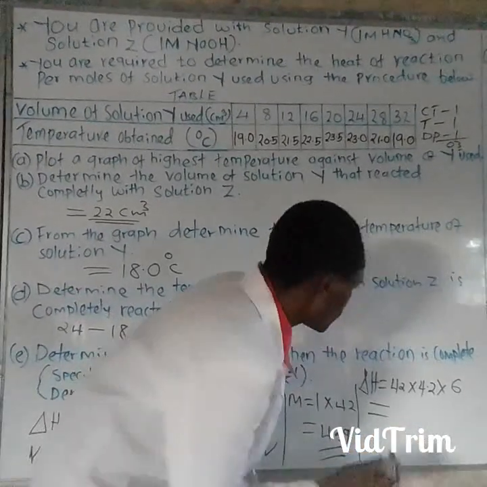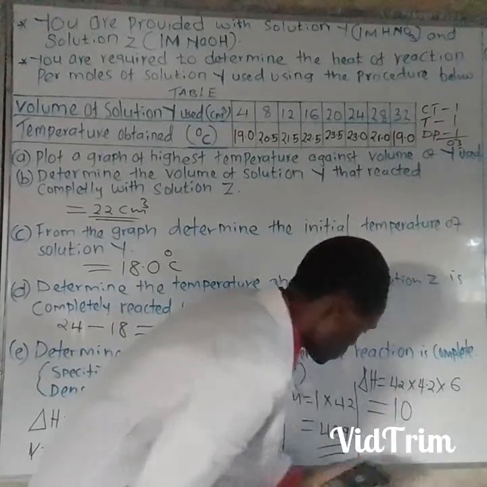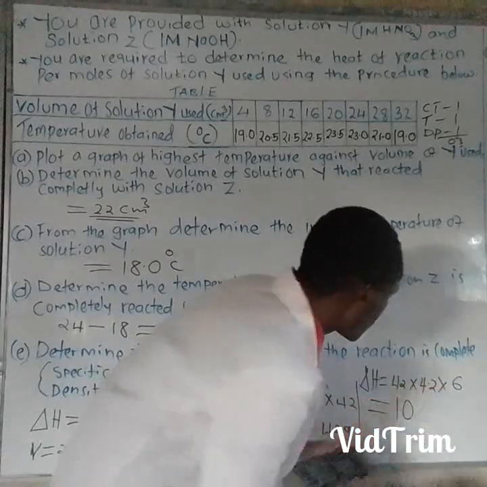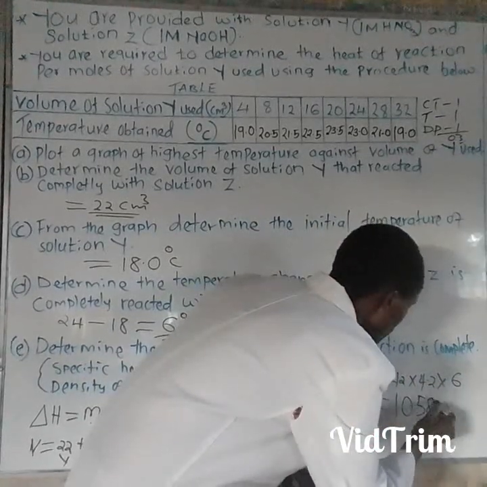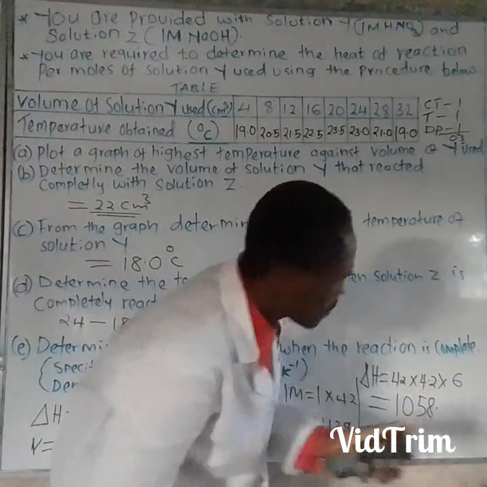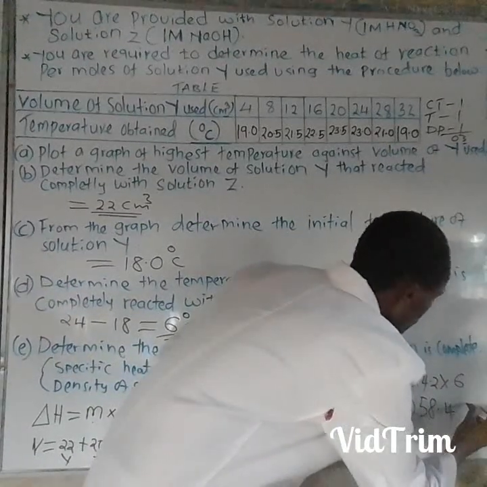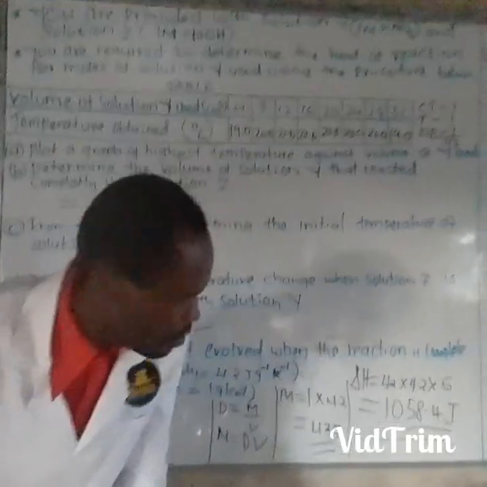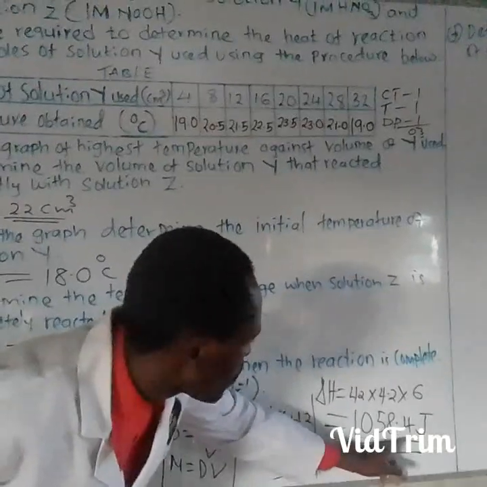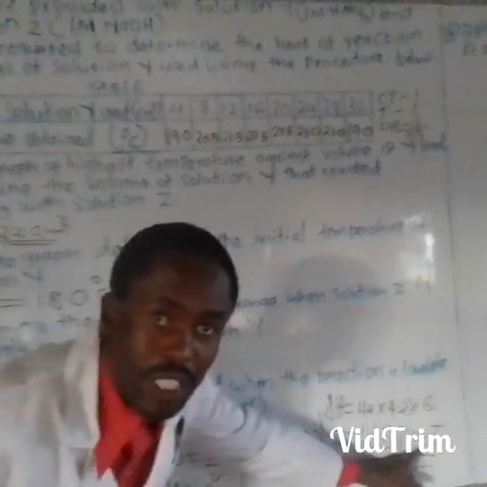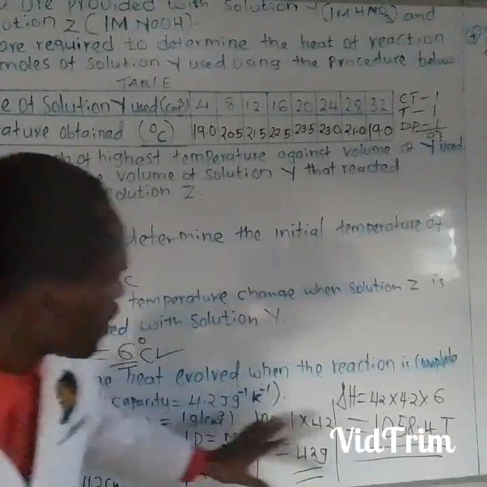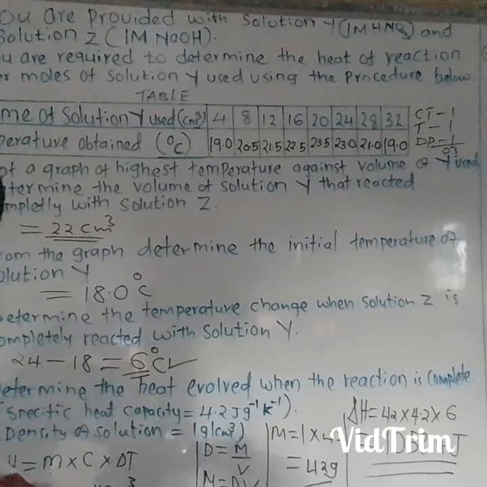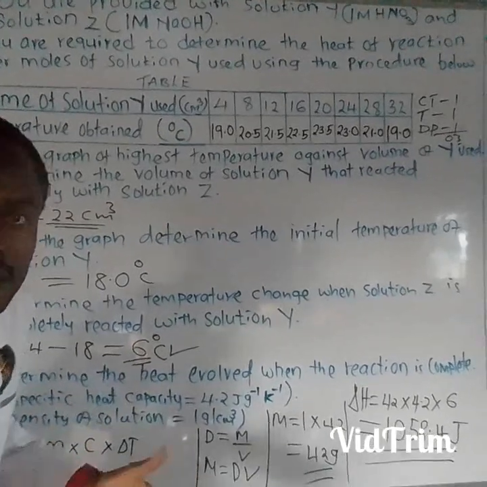That is 1058.4 joules. 1058.4 joules. Is it okay, my student? So that is now the heat of a reaction when the acid and the base react.